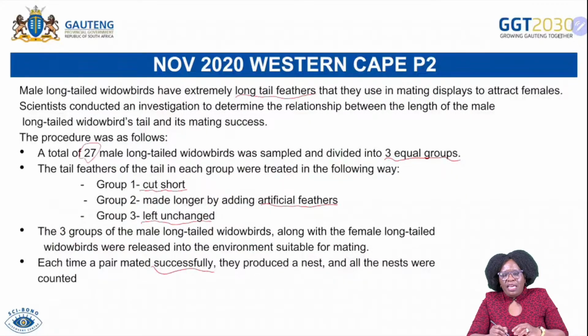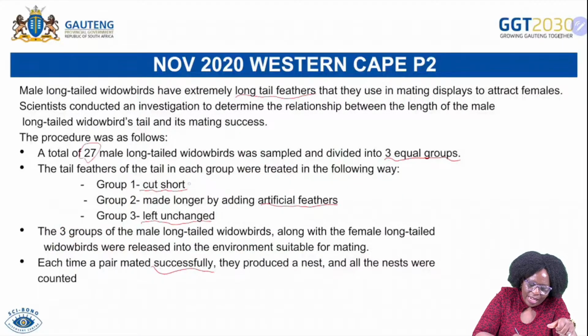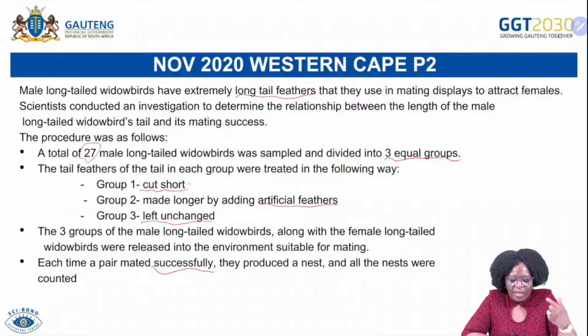So you would see the mating pattern of the males and females, whether it is more on the ones where the tails were cut short, or group 2 where they were made longer by adding artificial feathers, or group 3 where they were left unchanged. You read this not once, you read and read again until these things sink in and make sense. If you start understanding the investigation, it will be easy for you to engage with the questions.